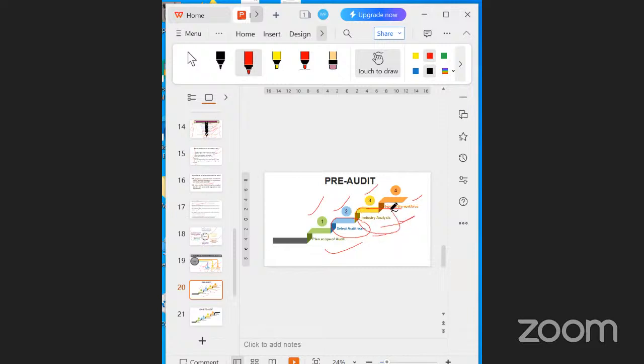industry analysis. Before conducting the audit, the members should have a good understanding of the industry as well as the company which is going to be audited.